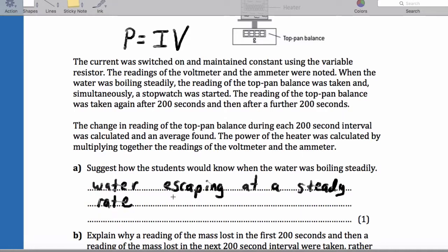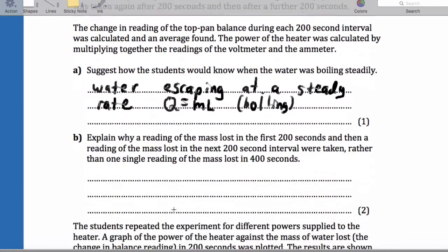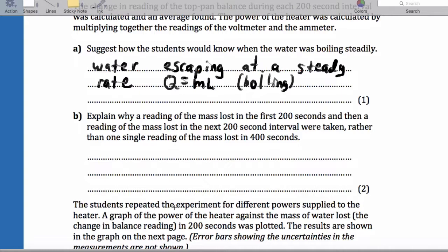Since Q is ml is the equation for boiling, steady power means that the heat escaping with respect to time would need to be steady. So we would need to see just a steady mass of water evaporating, indicating a steady absorption of heat and power. Okay. Next, it says, explain why a reading of the mass loss in the first 200 seconds and then a mass reading in the next 200 seconds would be taken rather than one single reading of the mass.